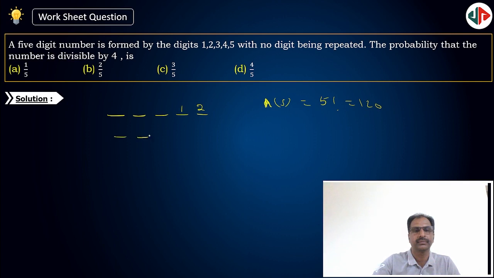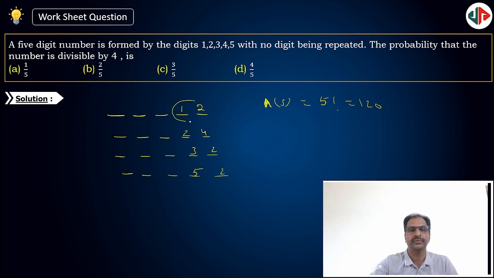1, 2, 4, 3, 2, 5. When 1 and 2 are fixed as the last two digits, other than 1, 2, we have 3 digits and 3 places.